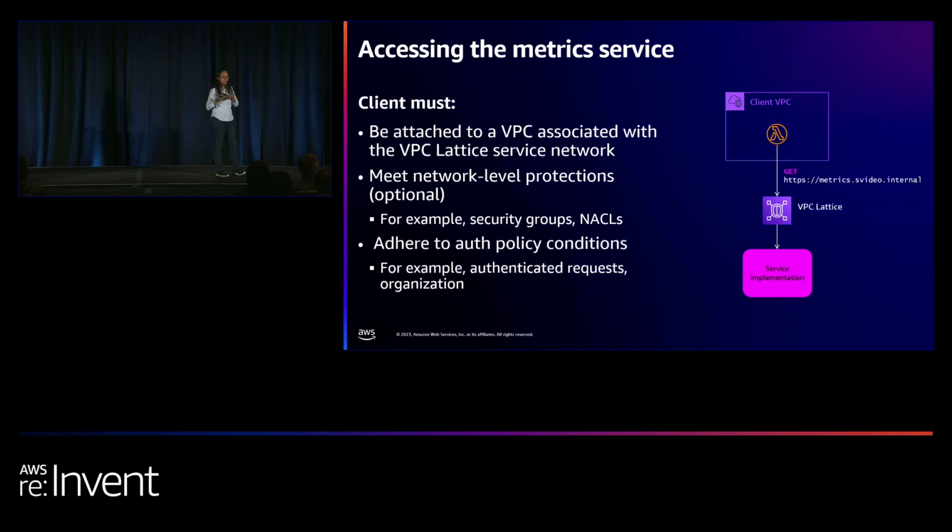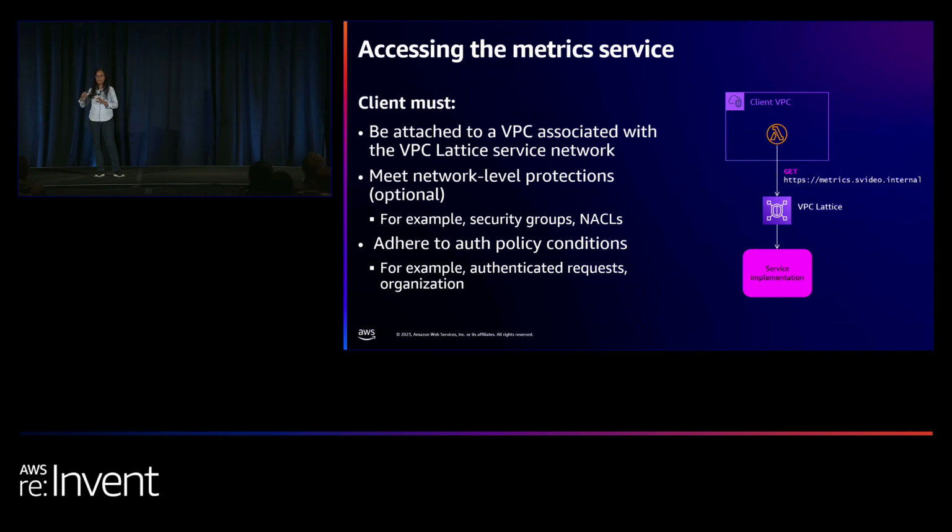Firstly, if the Lattice resources are created in a different AWS account, they must be shared with the client AWS account. We already discussed the first requirement, where the client VPC must be associated with the service network. What this means for the Leaderboard plugin is that our Lambda hook that receives metrics from EventBridge and invokes the metrics tracking service to persist the metrics must be configured with a VPC that is associated with the Leaderboard service network.